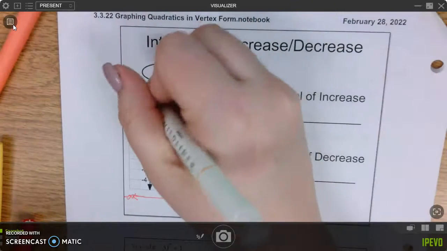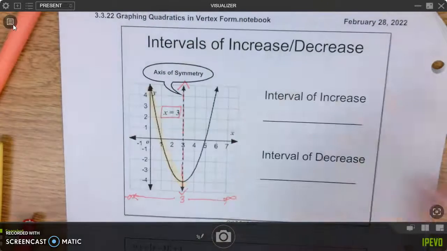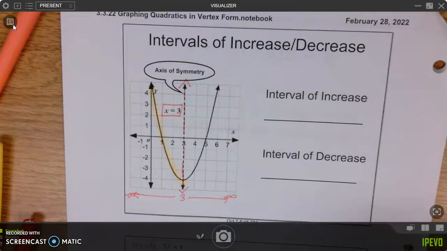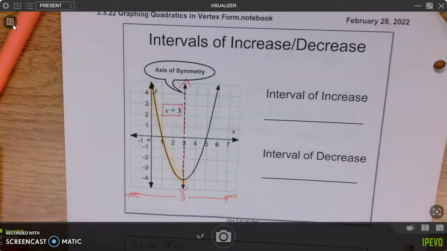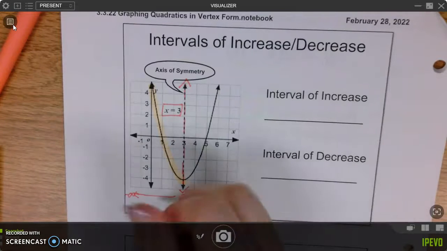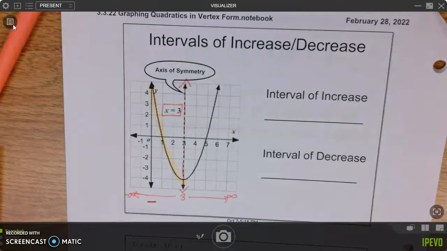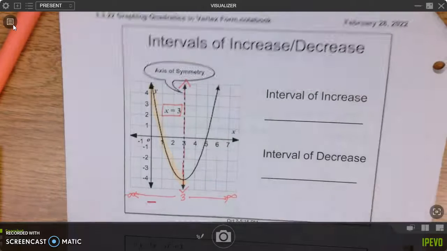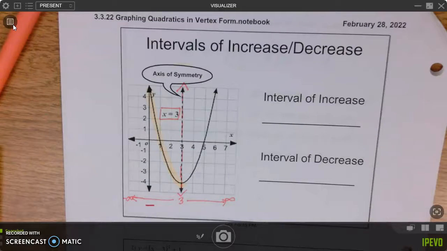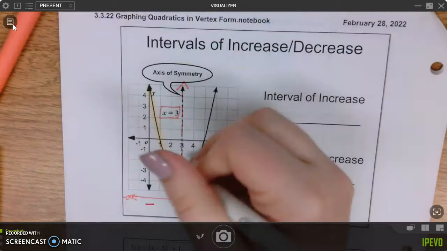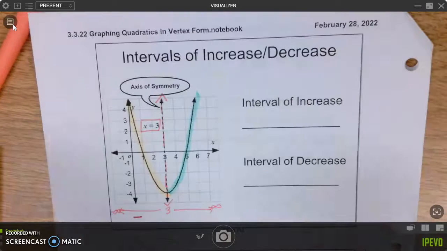It's going down. So this is your interval of decrease. Okay, and then if you look at the other side, this is the interval of increase.